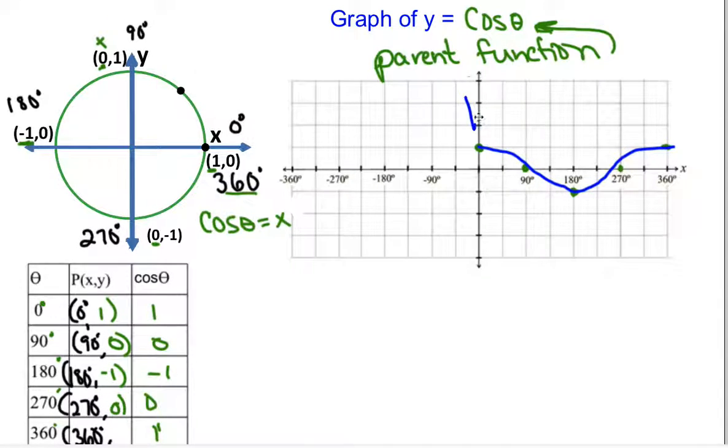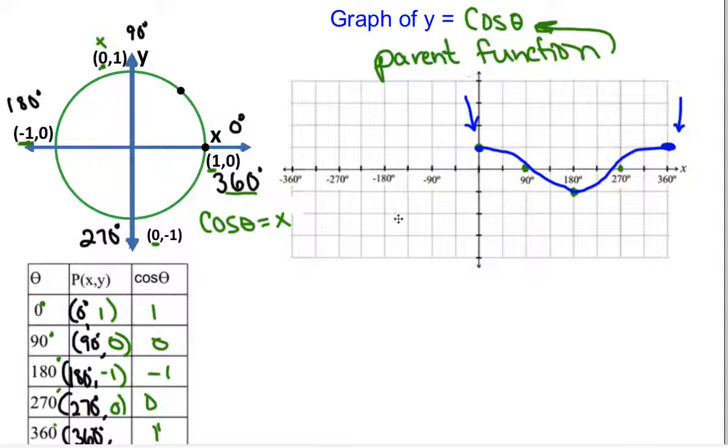But notice, I did not put any arrows on the ends, because this is just one period of a cosine function. If I continued it in either direction, it would continue to do the exact same thing. So we stop it right here and we do not put arrows, because arrows would make it look like it kept going this way.